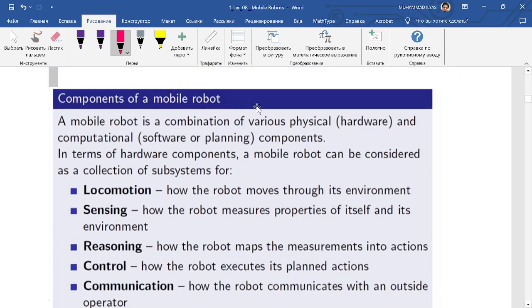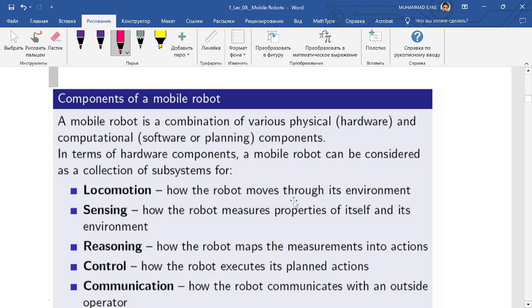So what are the major components of a mobile robot? As we said, mobile robotics is not a single area; it is a multidisciplinary field of study and work. Both hardware and software components are involved to make a full mobile robot system.